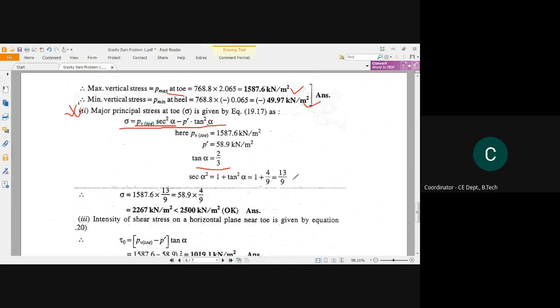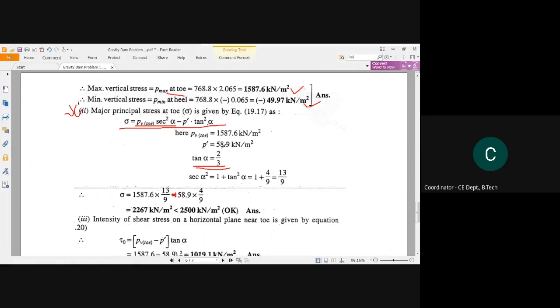PV toe is 587.6 into sec square, 13 by 9, minus P dash, which is 58.9 (see, this part is given wrongly), into tan square alpha, that is, this value 4 by 9.